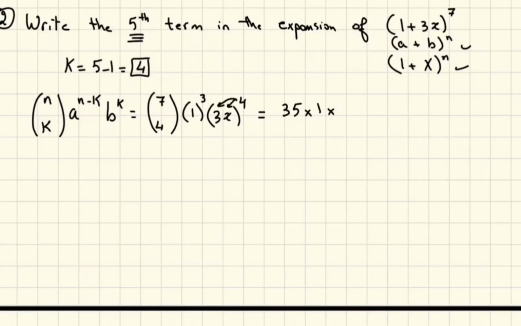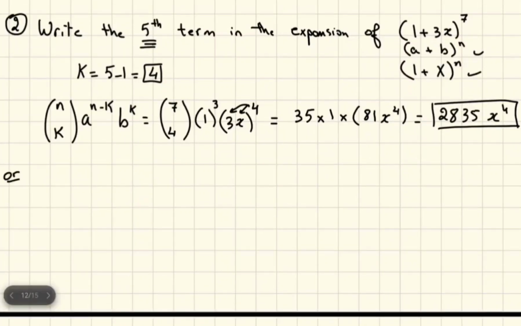And here we can distribute the 4 and the 4. We get 3 exponent 4, which is 81, multiplied by x exponent 4. And my final answer, to multiply the 35 by 1 by 81, we get 2835 x exponent 4. So this is the term in the expansion with x exponent 4, which is the fifth term in the expansion.